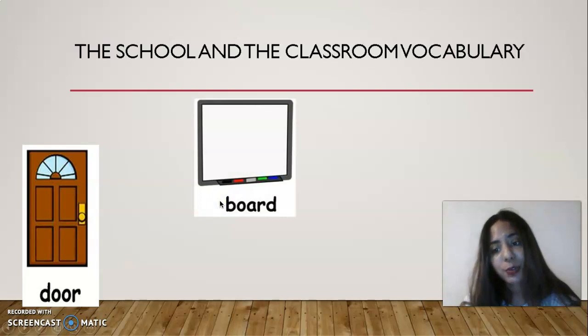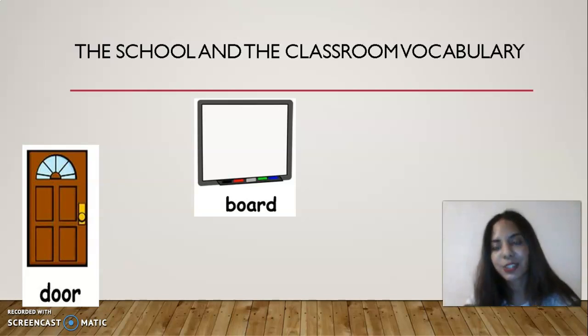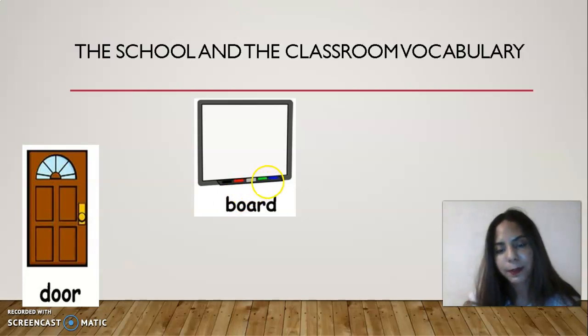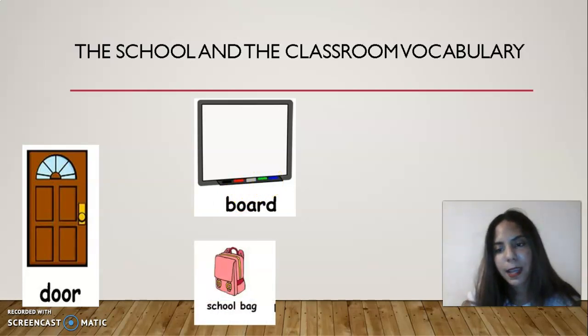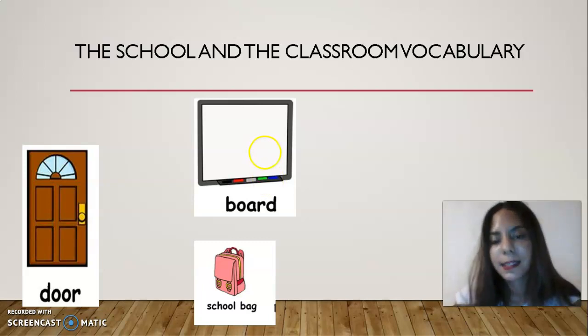In our classroom, we can see the board. The teacher always writes on the board. In our classroom, we also can see our school bag. The school bag. This is a pink school bag.